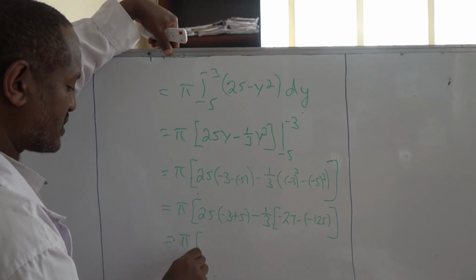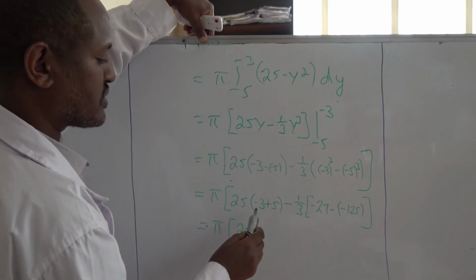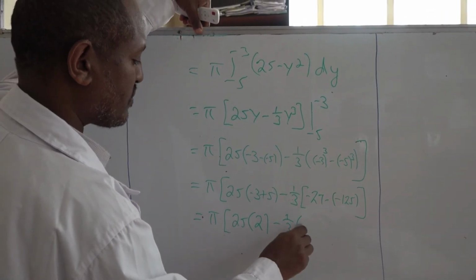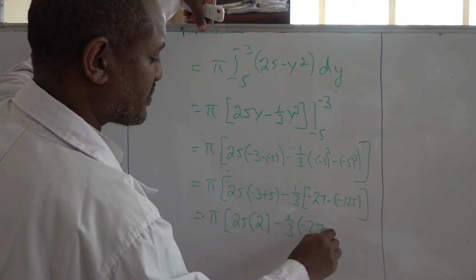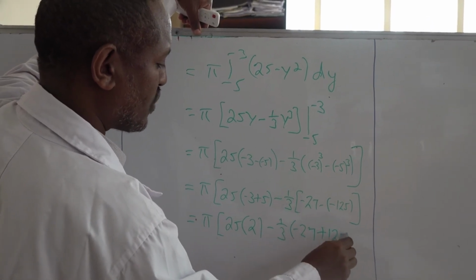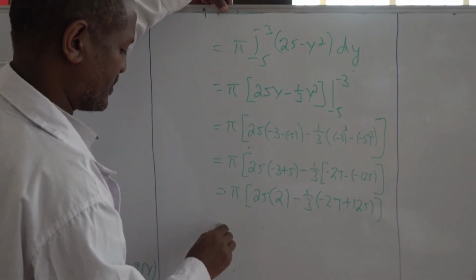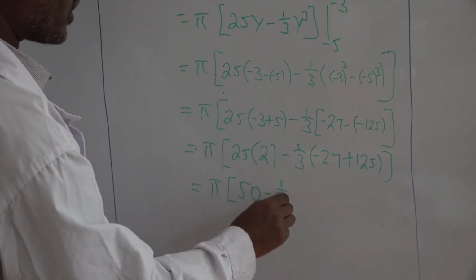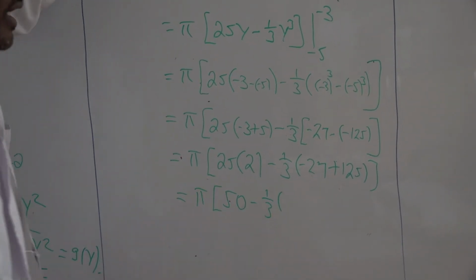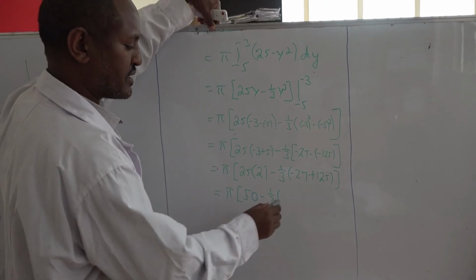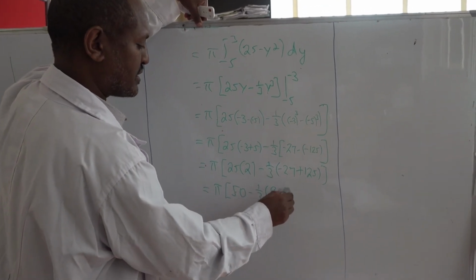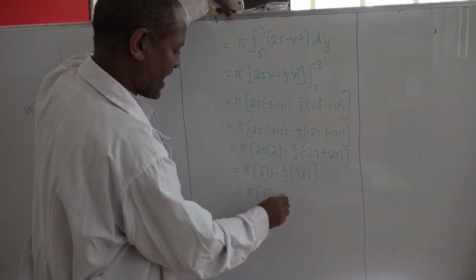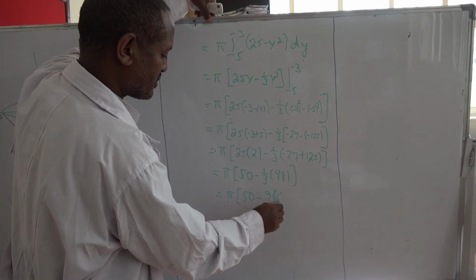That is pi times 25 times (-3 plus 5), which is 2, minus 1 over 3 times (-27, minus, it becomes plus 125). So we have pi times 50, minus 1 over 3, and -27 plus 125 is, I think, 98. So pi times (50 minus 98 over 3).